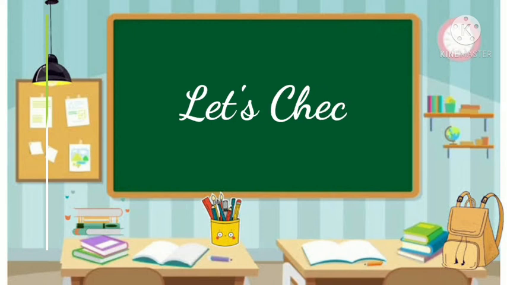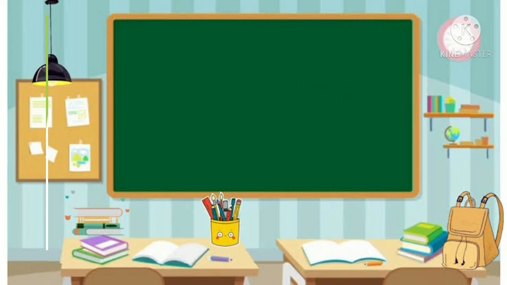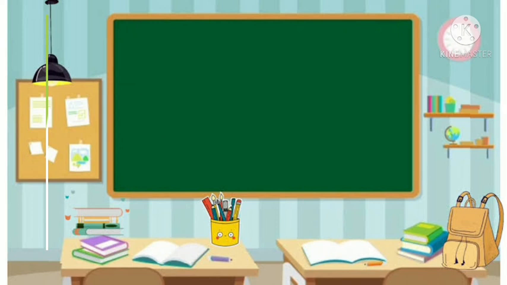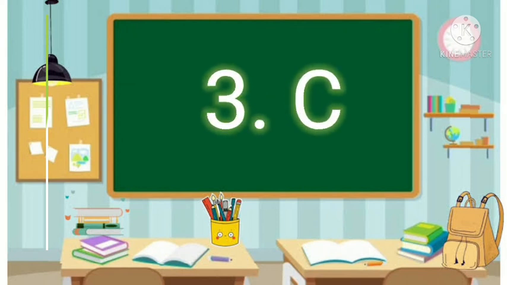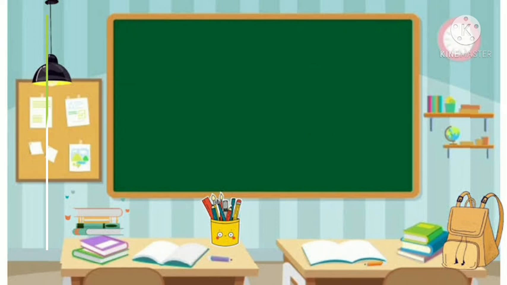Okay, let us check your answer now. For number 1, it is letter A, 5/6. For number 2, it is letter C, 10 and 1/4. And for number 3, it is letter C, 1 and 1/9.